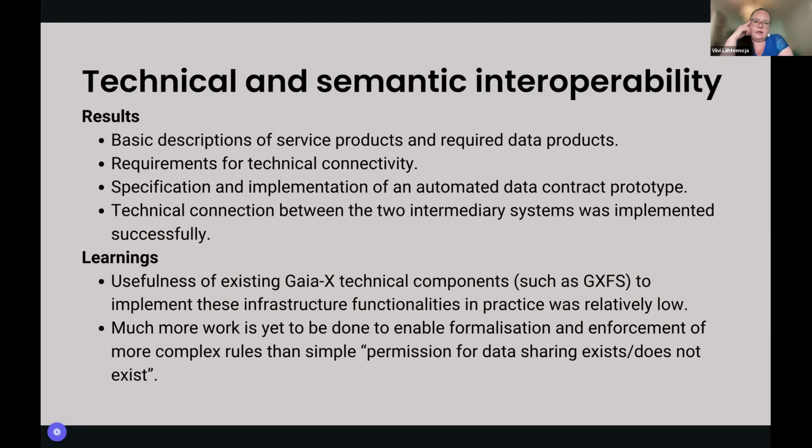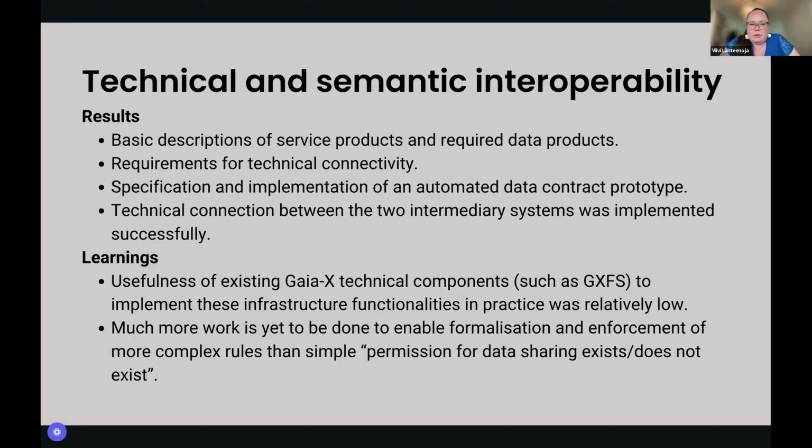So on the technical and semantic interoperability side, what we did was we produced basic descriptions of service products and required data products. We set out the requirements for technical connectivity between the intermediary services.